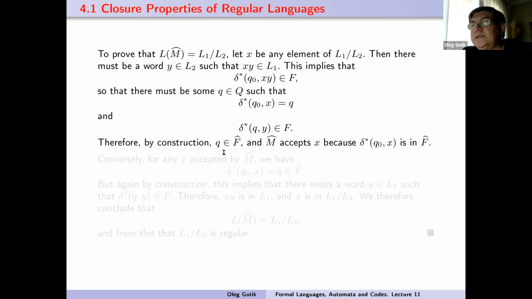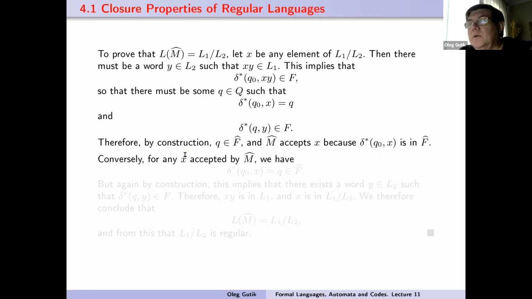Therefore, by construction, q belongs to the set of final states F capital with hat, and automaton M capital with hat accepts the word x because delta star of q0 x belongs to the set of final states F capital with hat.